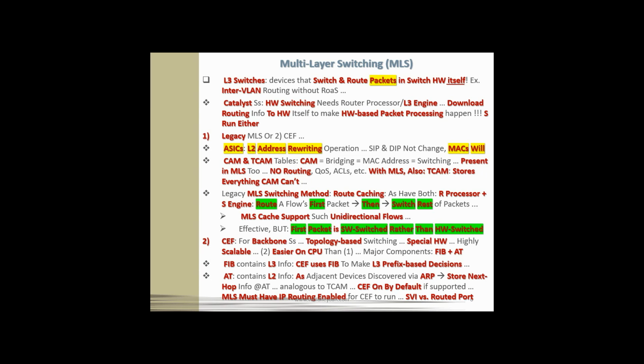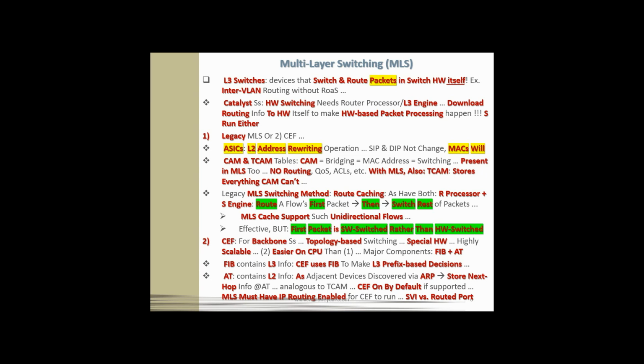Should either TCAM or AT hit capacity, there is a wildcard entry that redirects traffic to the routing engine. But hopefully that won't happen. But if it happens, we still get things done, just not as quickly as we might like, but still doable. So with FIB and AT, CEF works very well.